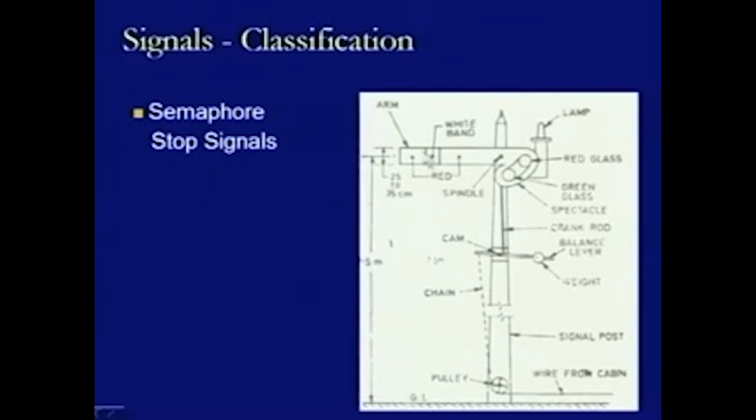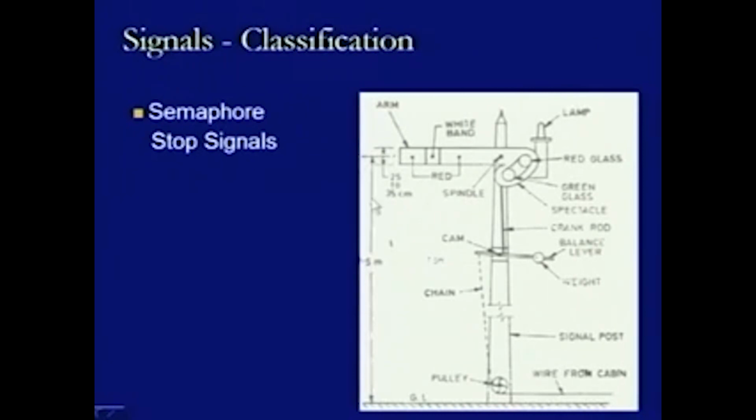This movable arm is provided with a band, and this band is white in color, whereas the rest of the arm is red. So, there is a white band on the red background, that is the color combination of this movable arm.